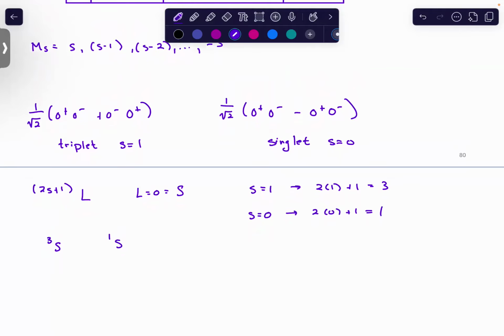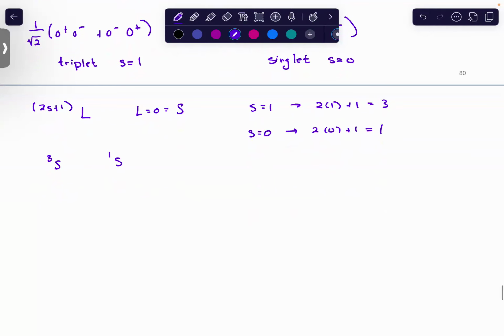And so your triplet S again has to have 3 total states. What equation tells you how many microstates each one gets? To know how many microstates each term symbol gets, you have 2L plus 1 times 2S plus 1.